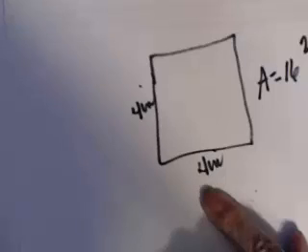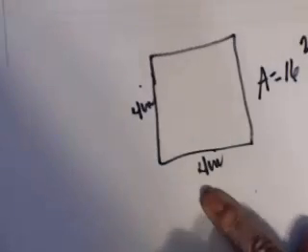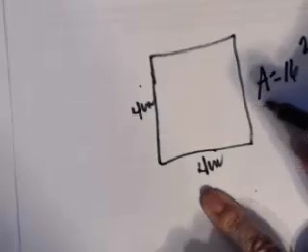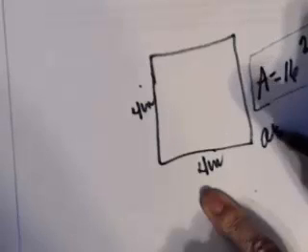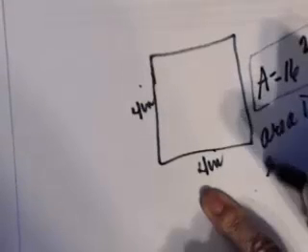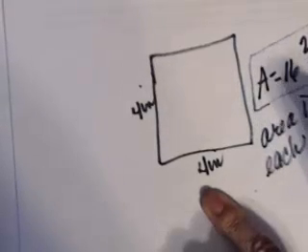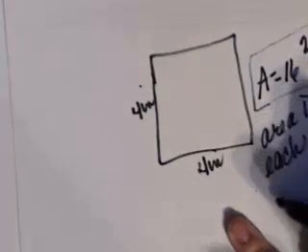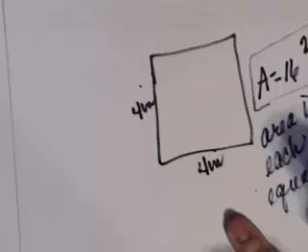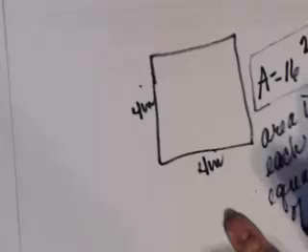When you find the area of each piece of the tangram, it should be the same as the total area. So the area of each piece added together should equal the area of the original square.